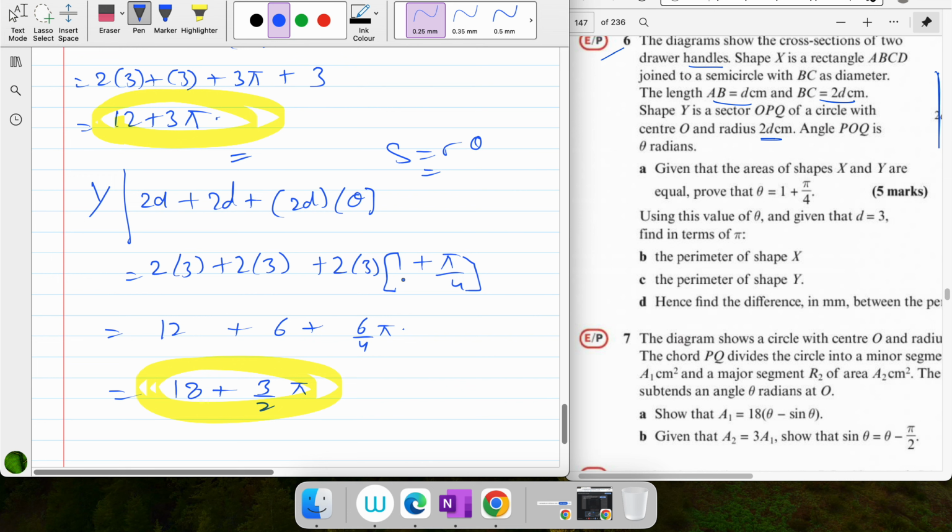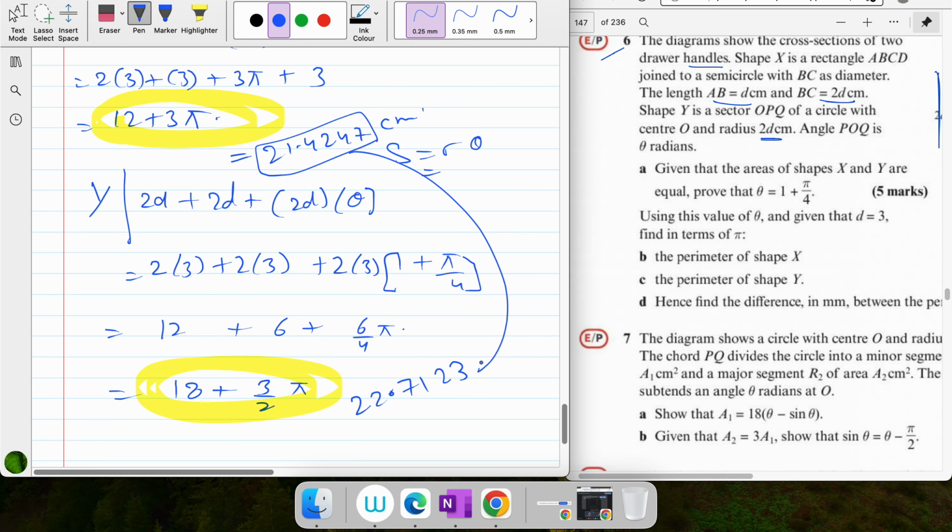Let me get my calculator. Okay, so 12 plus 3 pi is 21.4247 centimeters, and 18 plus 3 by 2 pi is 22.7123.